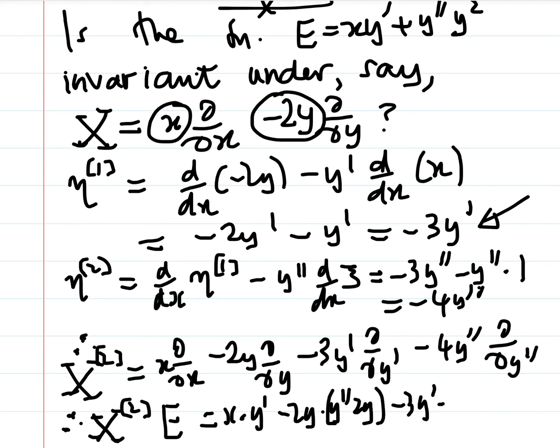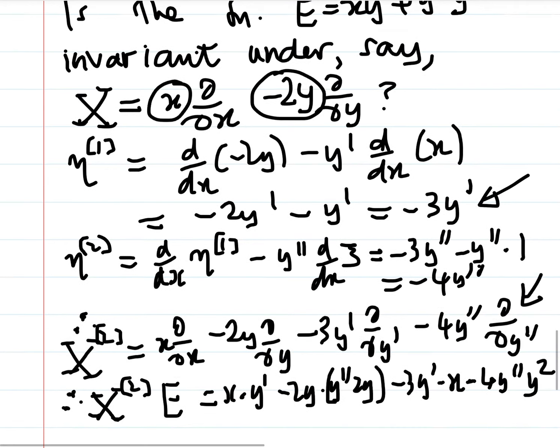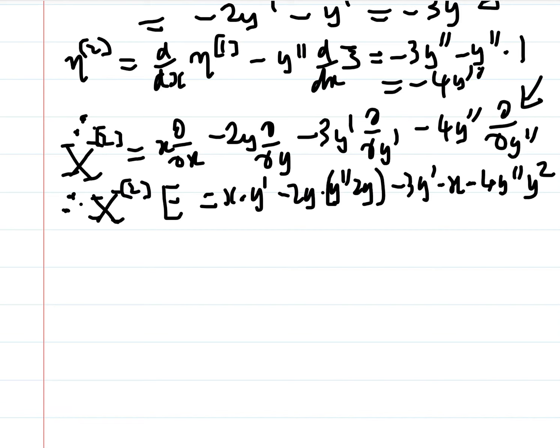The derivative of e with respect to y dashed is x minus 4y dashed minus 4y double dashed. The derivative of e here with respect to y double dashed is y squared. And clearly this is not going to equal 0. Maybe it did, let's check. No, it's not. And this is definitely not equal to 0.